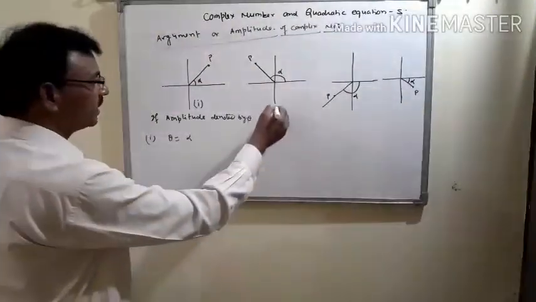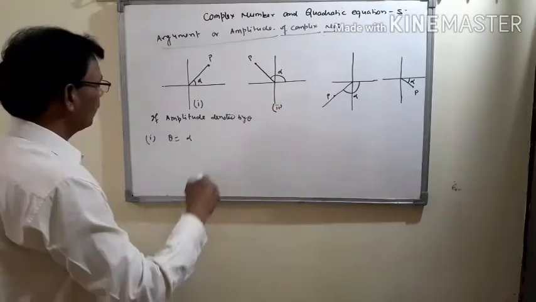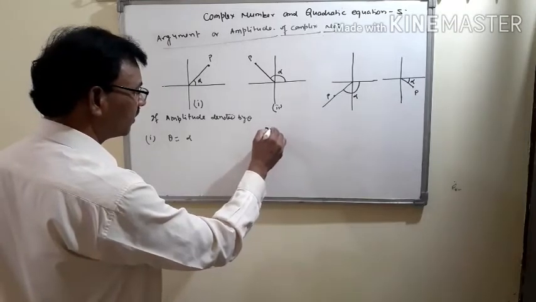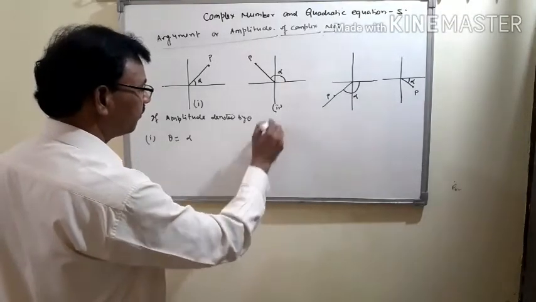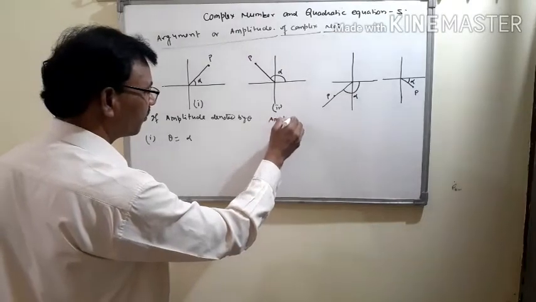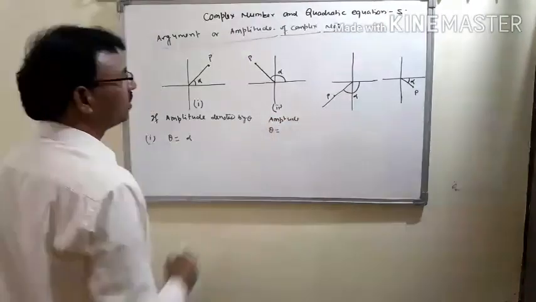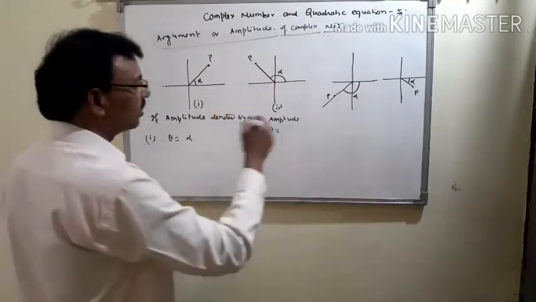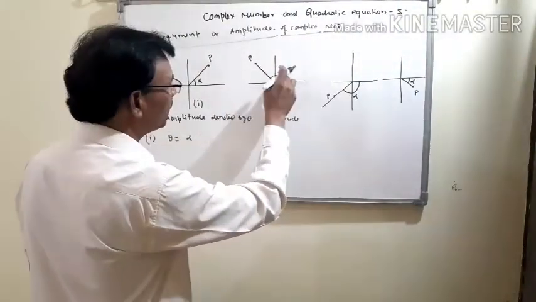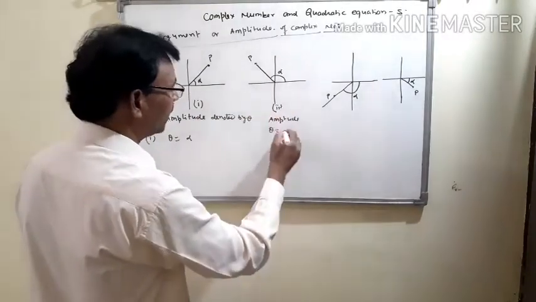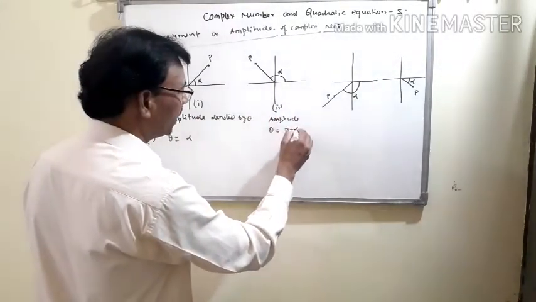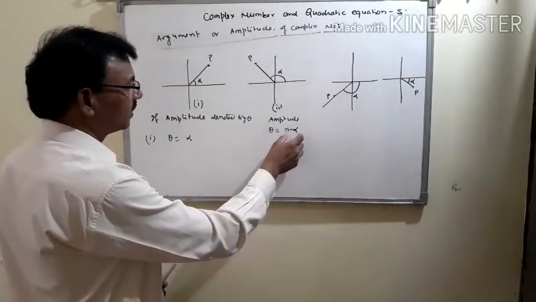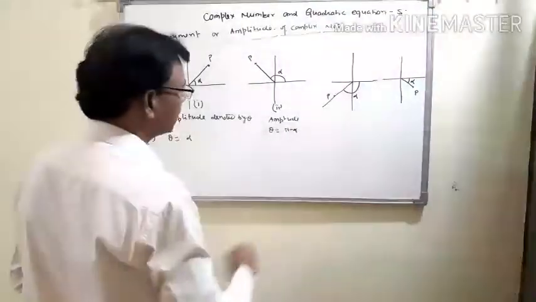But in the second situation, this amplitude theta equals, since the position of this point is in the second quadrant, pi minus alpha. This is the second situation.